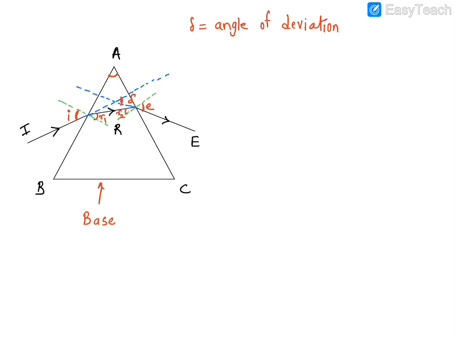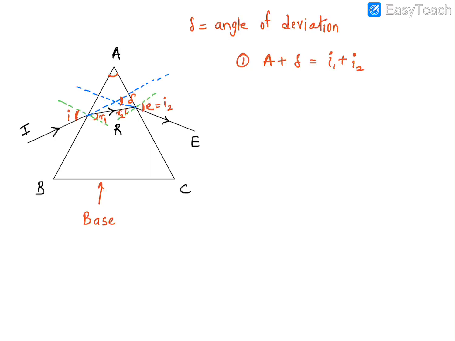Now, guys, the first formula that we have in this is that A plus delta is equal to I1 plus I2. So you can write either I1 and I2, or you can write I and E. In the textbook they follow I1 and I2. I think we'll also write I1 and I2 then out here. So this could be either E, or it could be written as I2 also, guys. That's the formula.